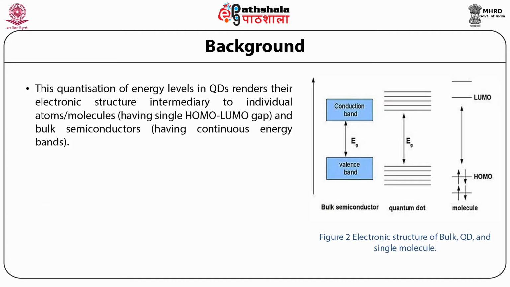This quantization of energy levels in quantum dots renders the electronic structure intermediary to individual atoms or molecules, which have a single HOMO-LUMO gap, and bulk semiconductors, which have continuous energy bands. Figure 2 shows the electronic structure of bulk, quantum dot and single molecule.